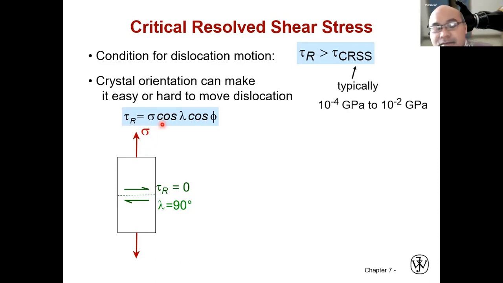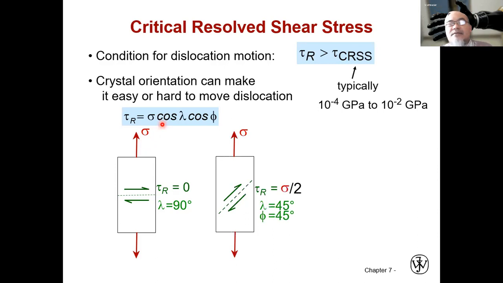Typically, the critical resolved shear stress, tau CRSS, is in the range between 10 to the power of minus 4 gigapascal to 10 to the power of minus 2 gigapascal. This tau R will be maximum when the plane makes a 45 degree angle to the direction of sigma.